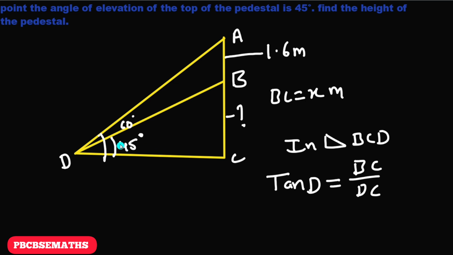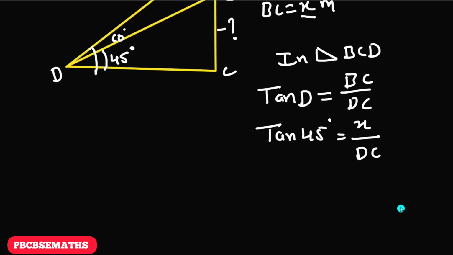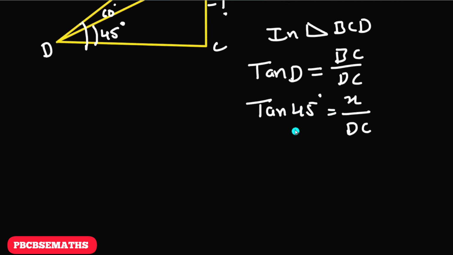The value of D is 45 degrees. So tan 45 degrees is equal to x divided by DC. We know that tan 45 degrees is always equal to 1. So 1 is equal to x by DC. Then by cross multiplication, we can write that DC is equal to x meters.